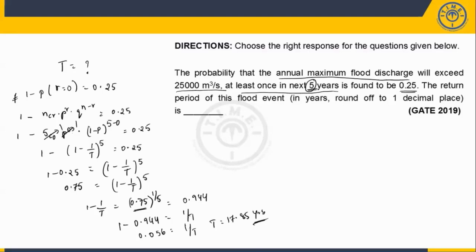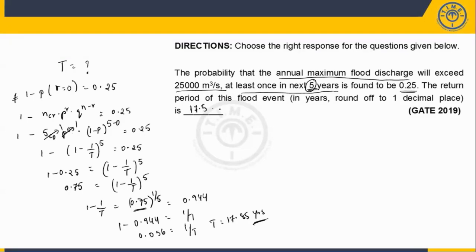Yes, we got 17.85. The answer range is 17.5 to 18.5.